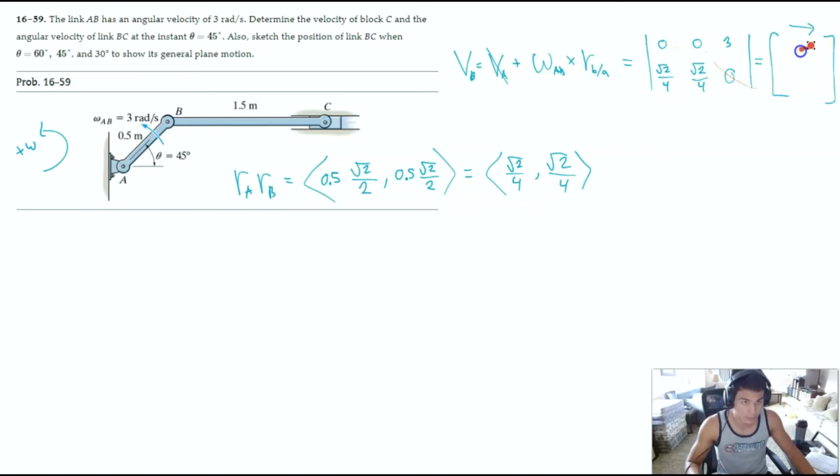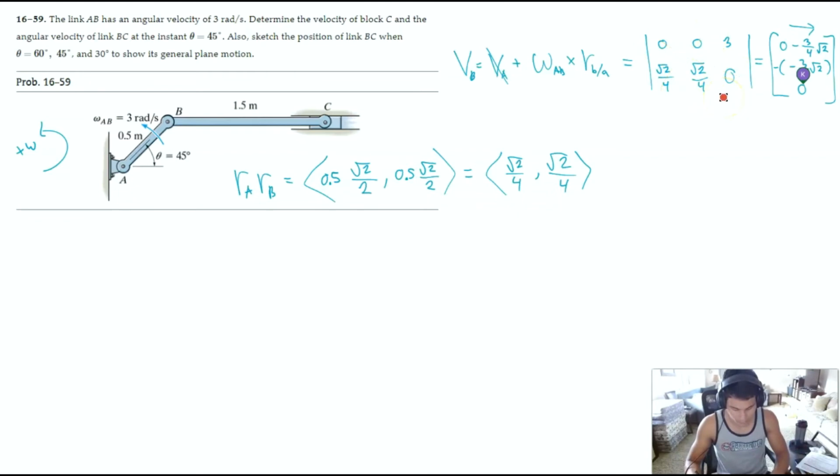So 0, that's 0. Then minus 3 over 4 square root 2. And the next one's going to be this, but then minus this and this. So minus 3, 4 square root 2. Okay. These zeros make things nice, right? And the last one's going to be 0.